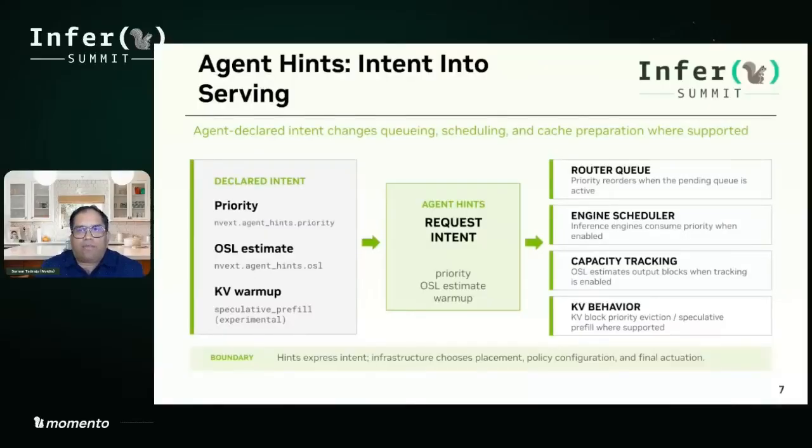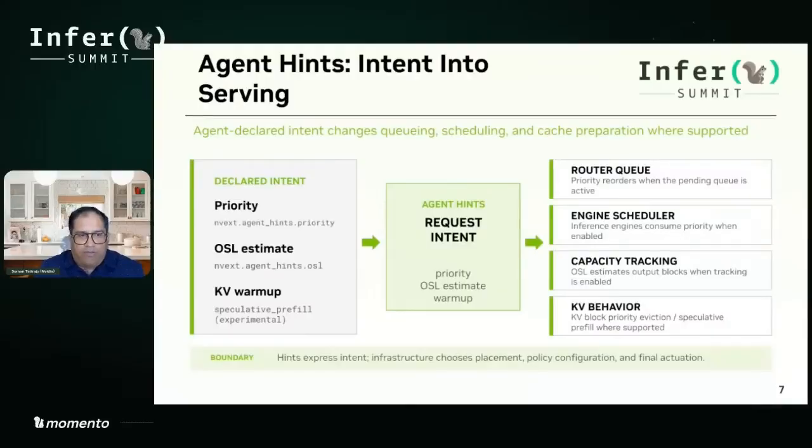Things like whether this task is a parent agent, which impacts UX, versus a background sub-agent whose priority is okay if there is some delay. For something that impacts UX, the agent would know.